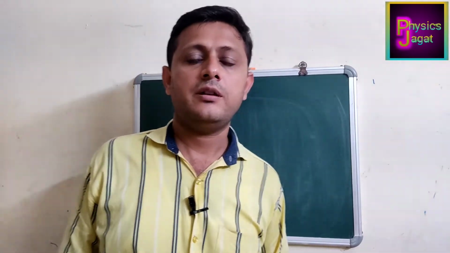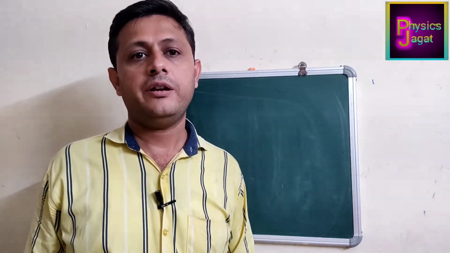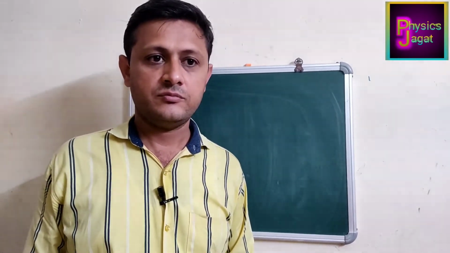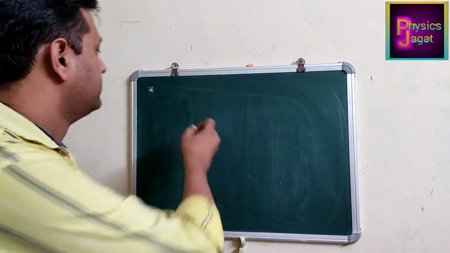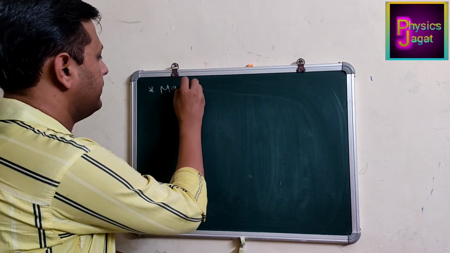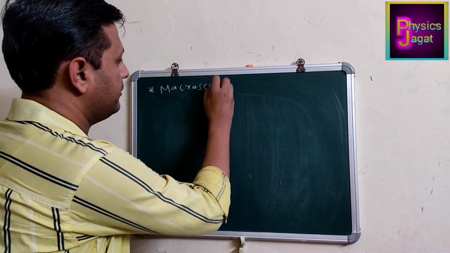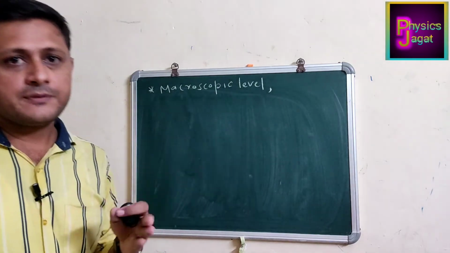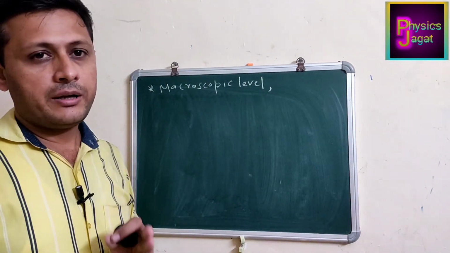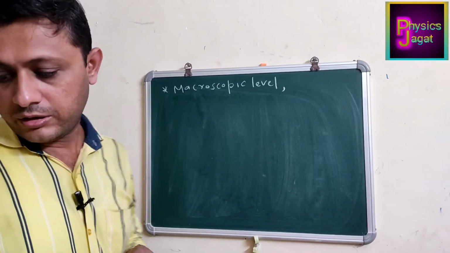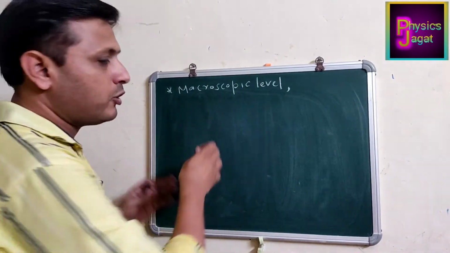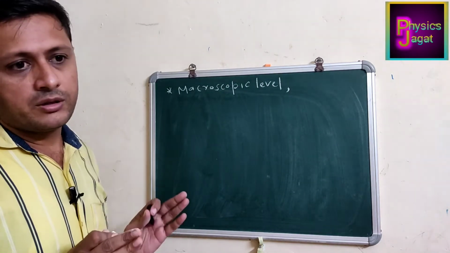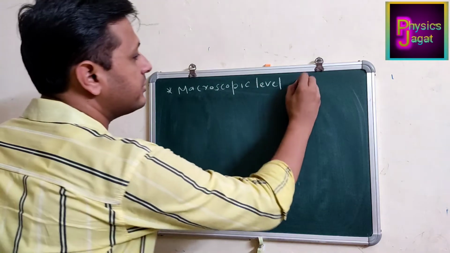As we have seen, the total charge on the body is n2 minus n1 into E, that means in step size of E. But macroscopically, at the macroscopic level, what does this step size of E matter? How does it matter? That we are going to see. At macroscopic means at a bigger level, when a body is considered at a larger level.